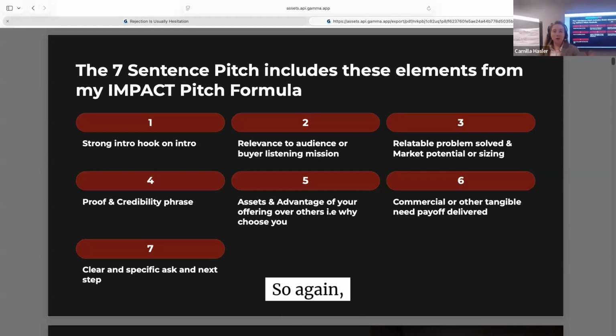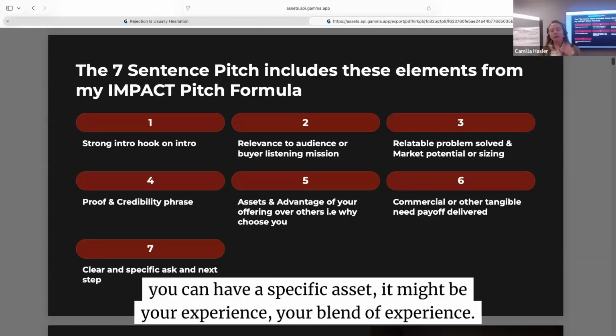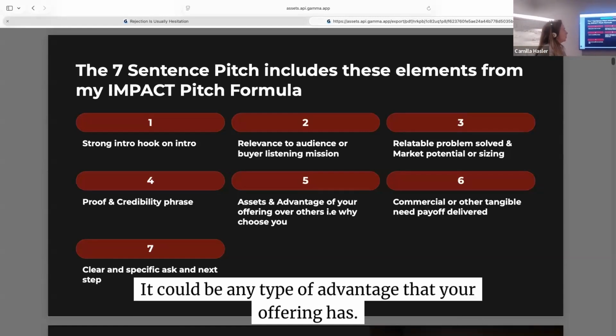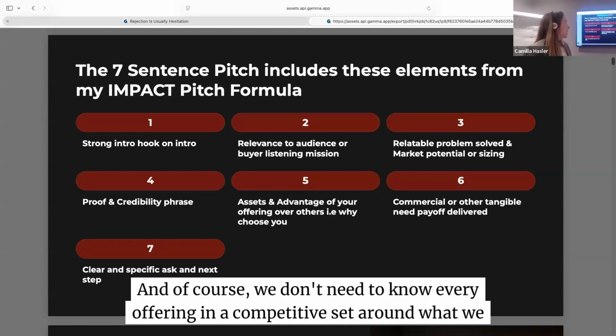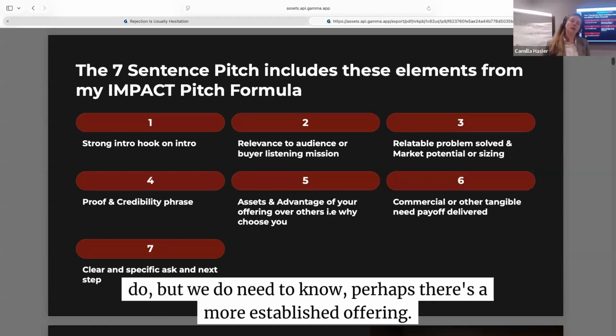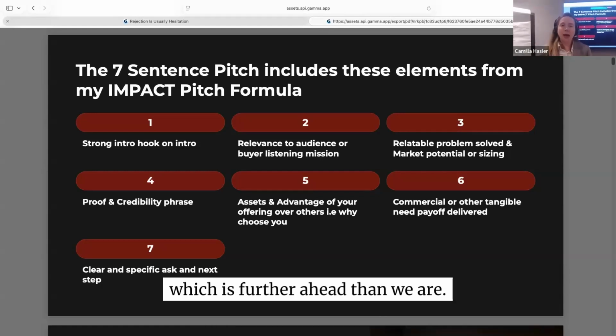So again, you can have a specific asset. It might be your experience, your blend of experience. It could be any type of advantage that your offering has. And this links directly to the differentiation and why choose you. Of course, we don't need to know every offering in a competitive set, but perhaps there's a more established offering which is further ahead than we are.